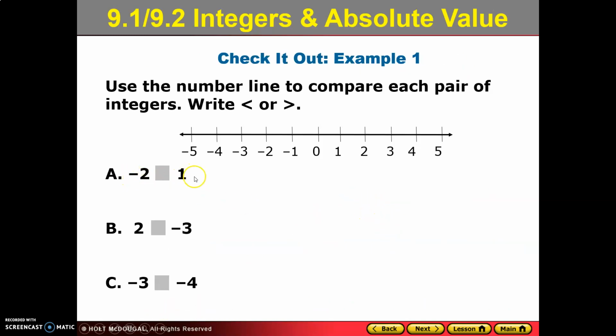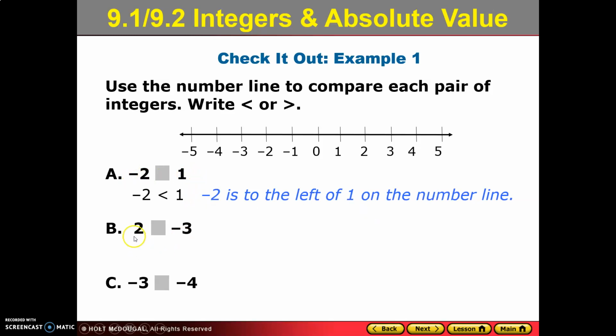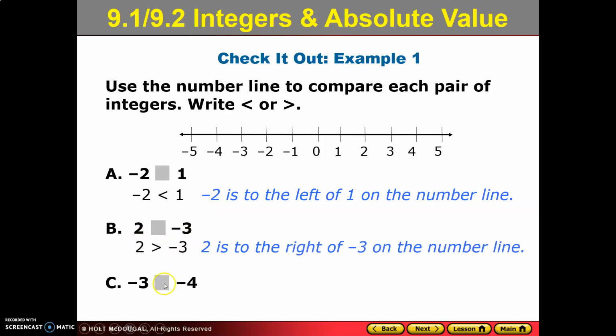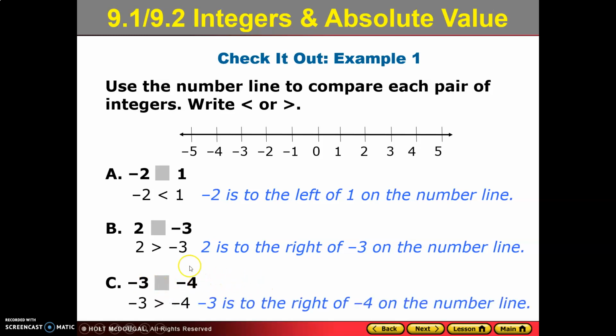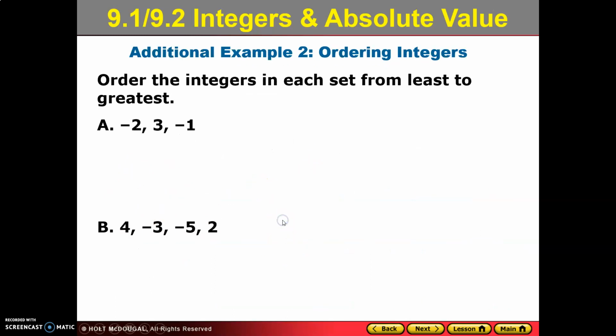How about this? -2 is less than 1. 2 has to be greater than -3. And -3 is, trick question, greater than -4. So be careful when you're comparing 2 negatives. The others, like if you have 1 negative and 1 positive, that should be intuitive on which one's bigger.